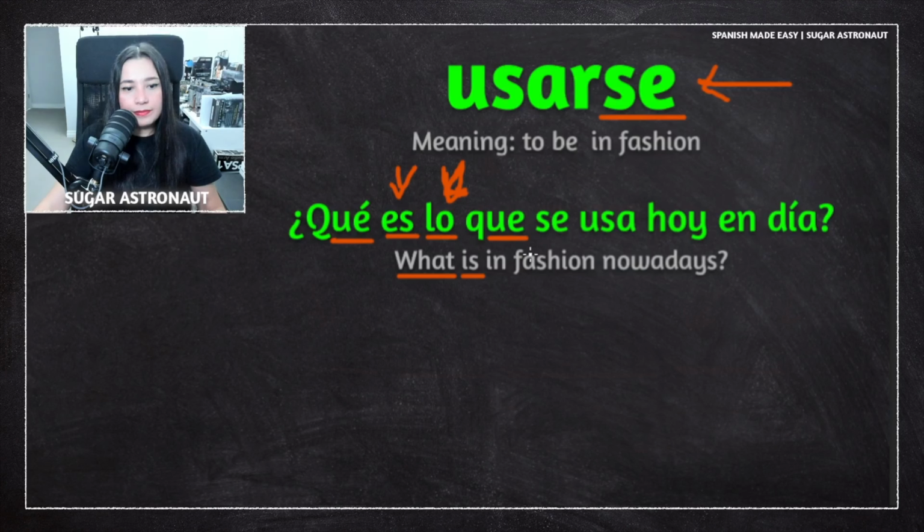Lo que is also a phrase that is used commonly in Spanish, and lo que, two words, also means what. For example, if someone asks, ¿qué es lo que se usa hoy en día? What is in fashion nowadays?